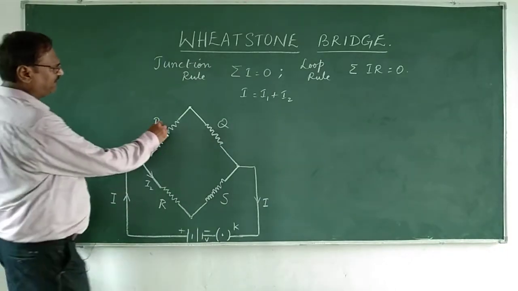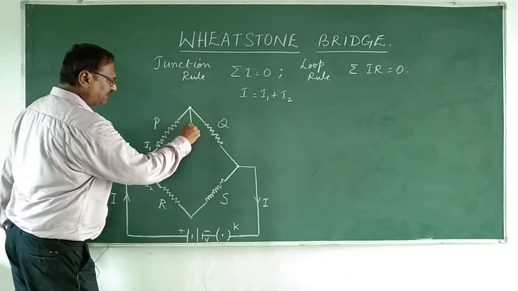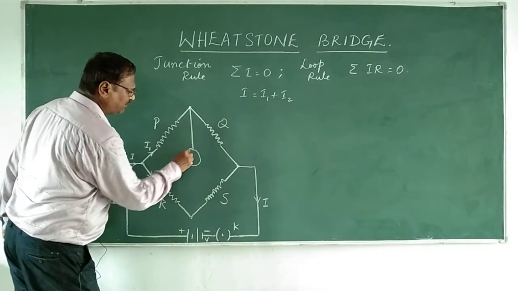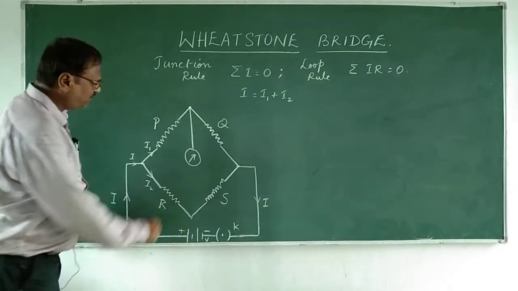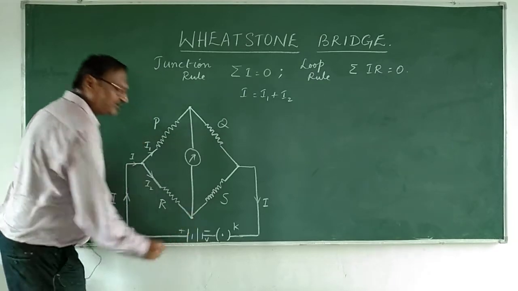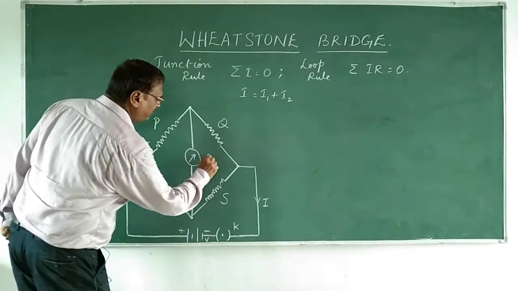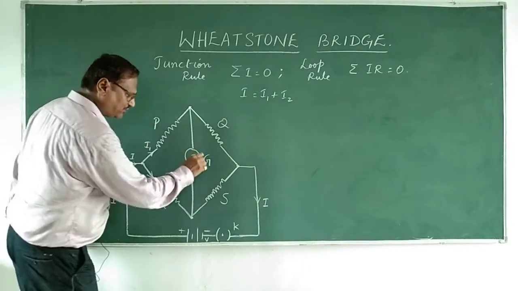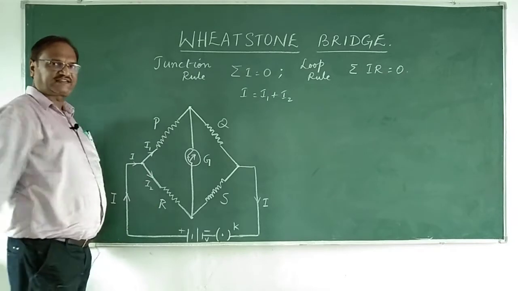Now after coming here, there is a point here. I am going to connect a galvanometer between these 2 points, and a galvanometer measures a small amount of current. The galvanometer has a resistance itself, and that resistance is G, let us say.